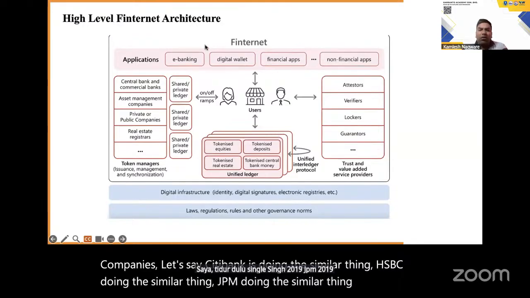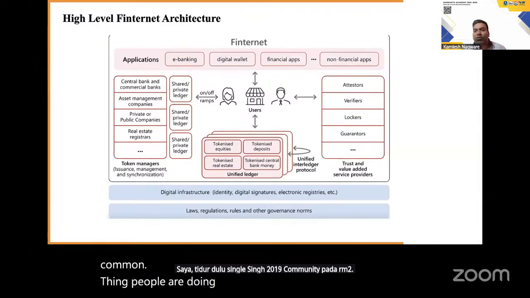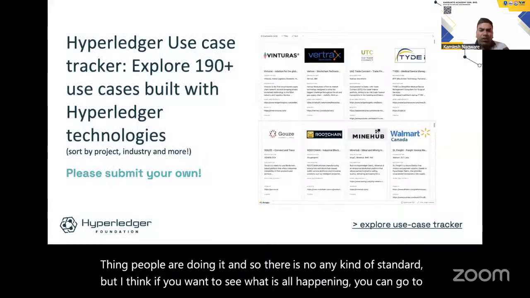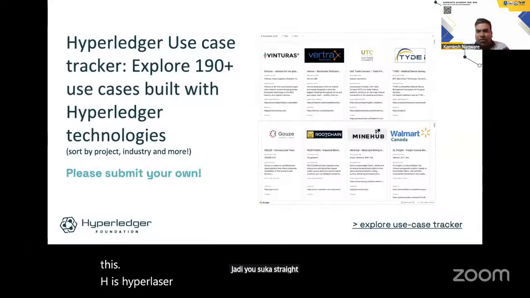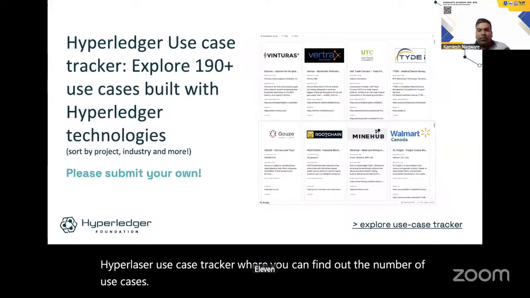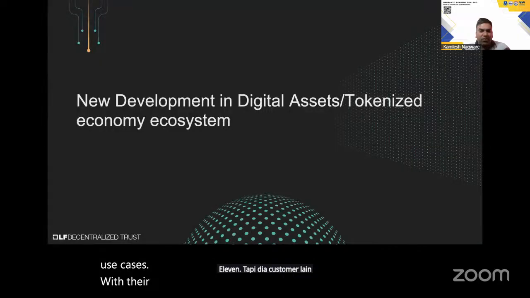These are all very common things people are doing, so there is no standard. But if you want to see everything that is happening, you can go to the Hyperledger use case tracker, where you can find the number of use cases available with their customer names and their success stories.